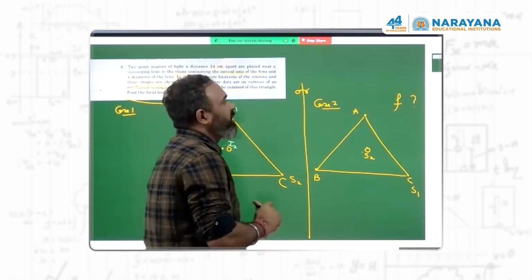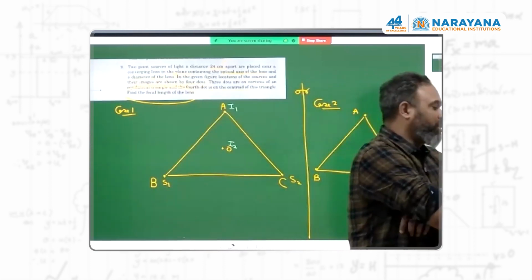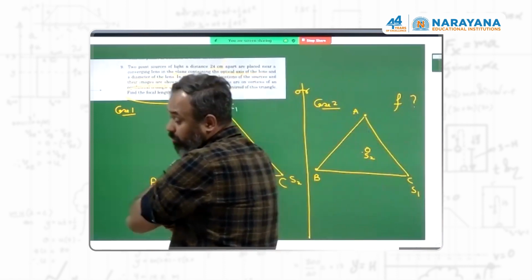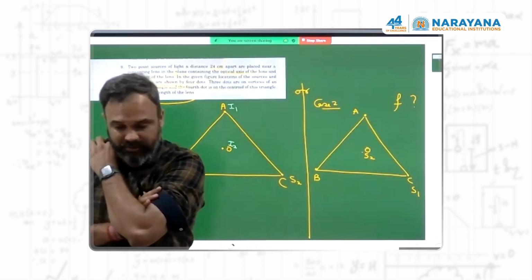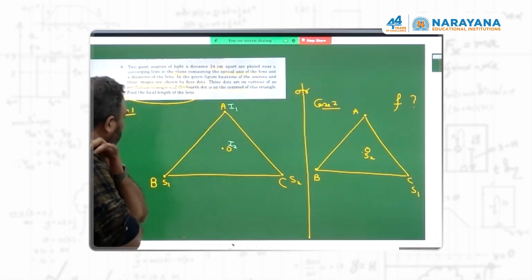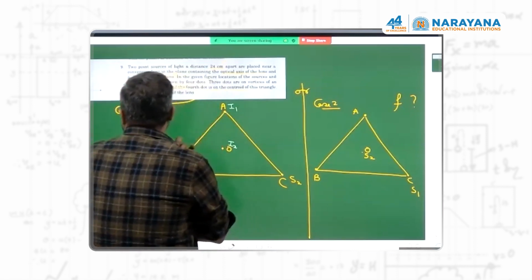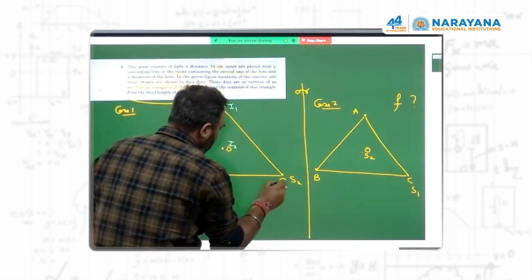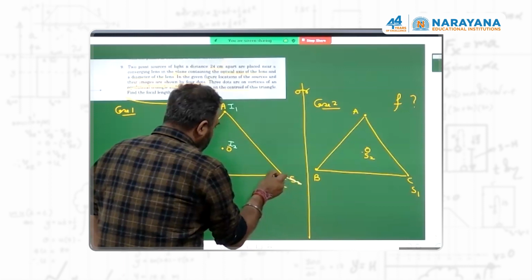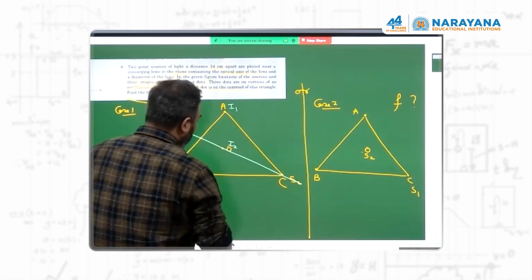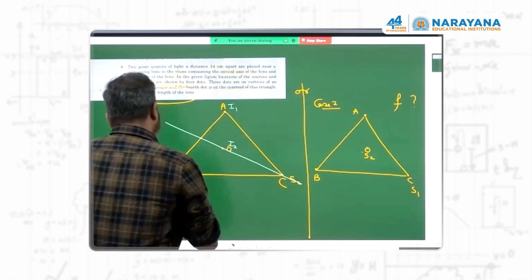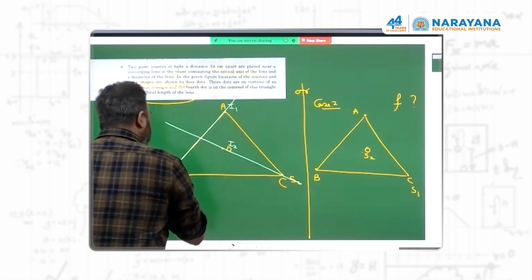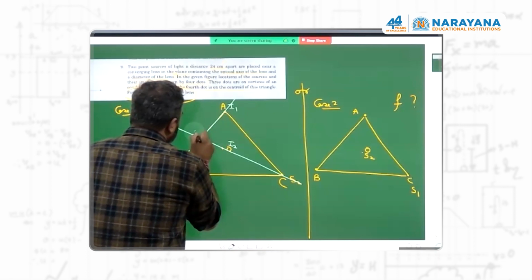And all of us understand that the question paper setter has not given you the principal axis, right? So first of all, let me try to find out the optical center. All of us understand that the line joining the source point with its image, S2I2, and the line joining S1I1, the location where they intersect, that is the optical center for me.